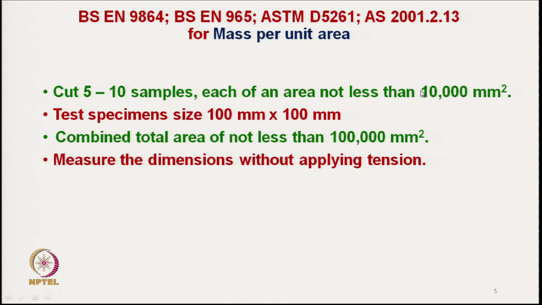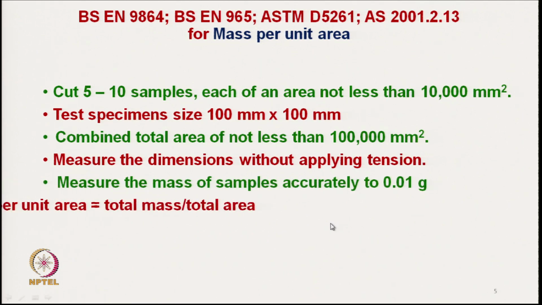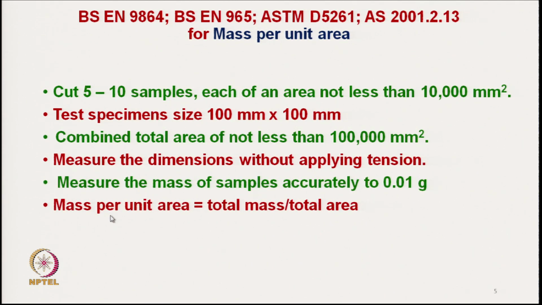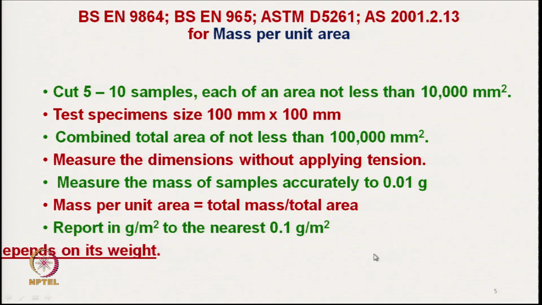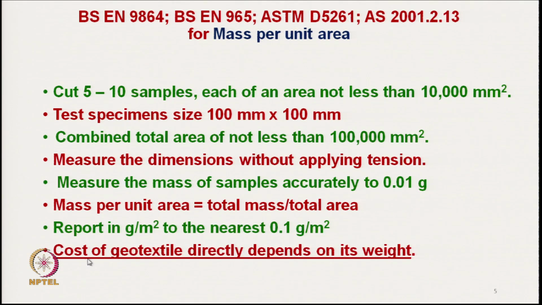While measuring the dimension, we should take precaution that it is not stretched. So, we should cut the material without any tension. Mass per unit area is total mass by total area, and the cost of geotextile normally depends on the mass per unit area of the geotextile.